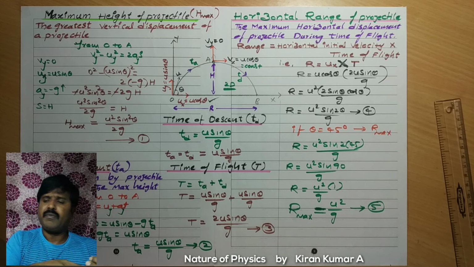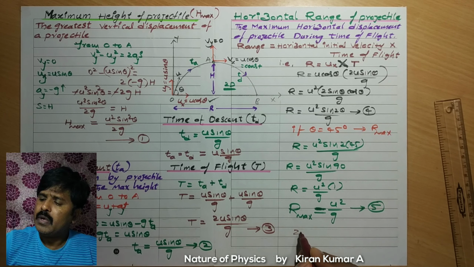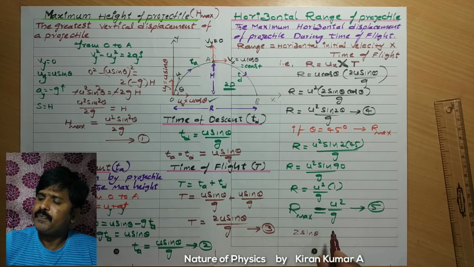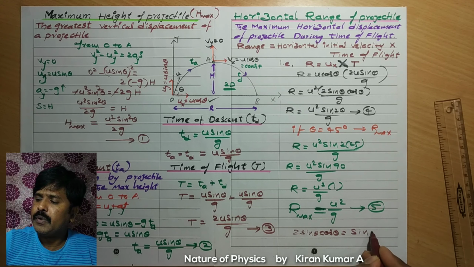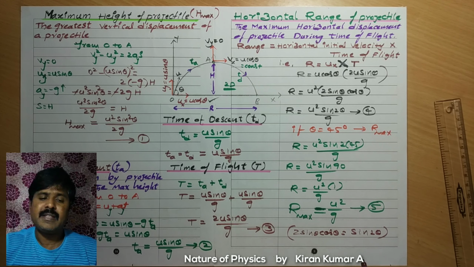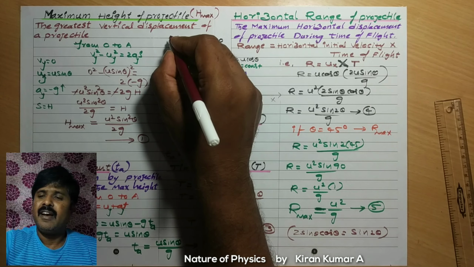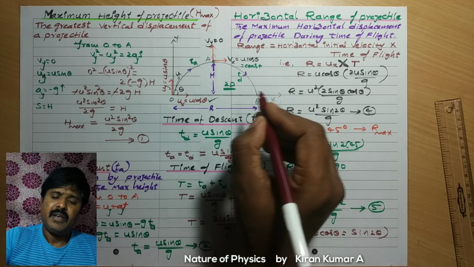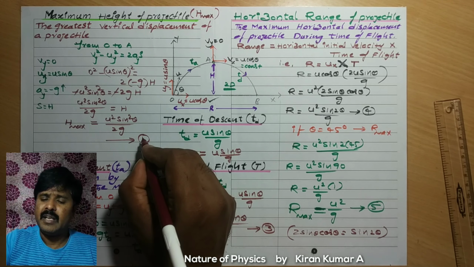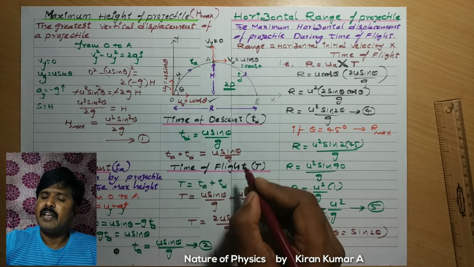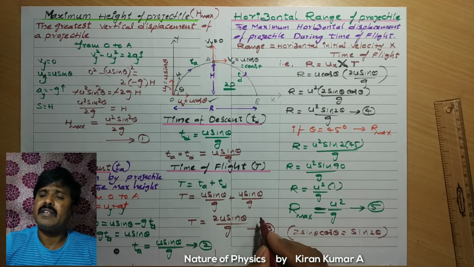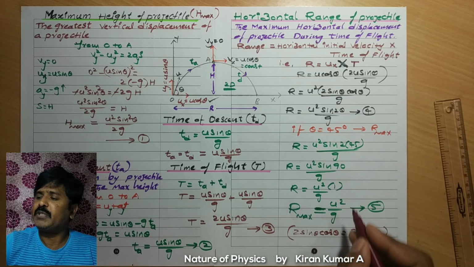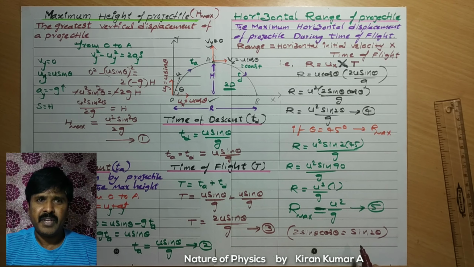And there is one formula, that 2 sin theta into cos theta is equal to sin 2 theta, student. So this is the maximum height and horizontal range of the projectile. Here first we got the maximum height, after that the time of ascent, next time of descent, time of flight, and horizontal range, and the maximum horizontal range I gave you. Thank you, student.